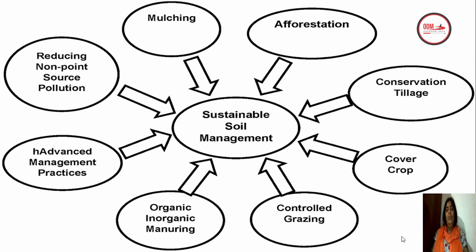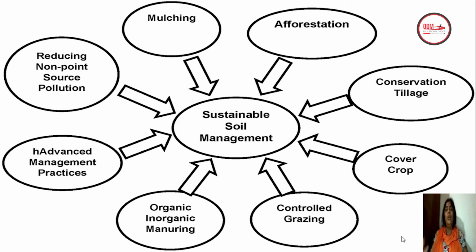Now see, when we talk about sustainability, we should also manage the soil sustainably. So in that way, if we take up the various methods of conservation, that results in sustainable soil management.